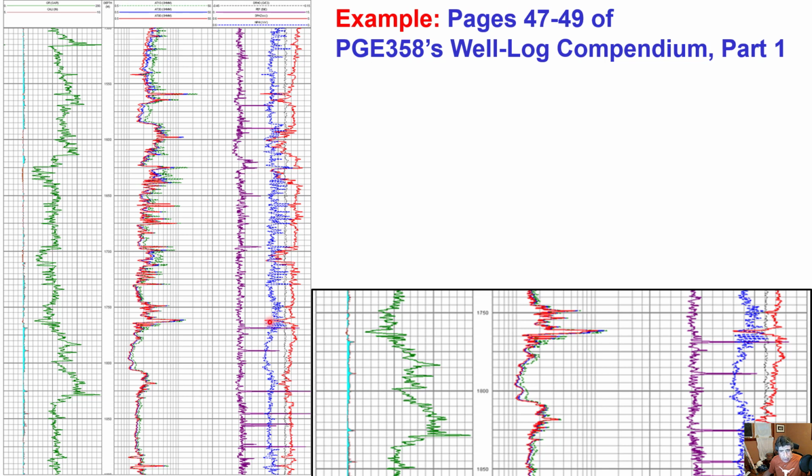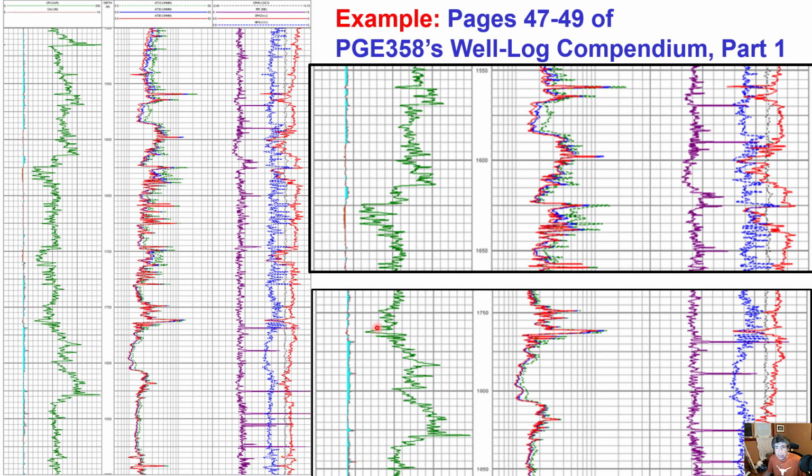Let me do an enlargement of this section over here. When you do the enlargement, what you see here is what I was just mentioning. Increase of values of resistivity log, but also increased values of gamma ray log. And then we have an increased porosity because the density log is pointing to the left.